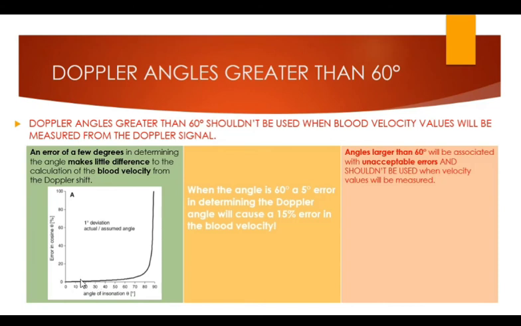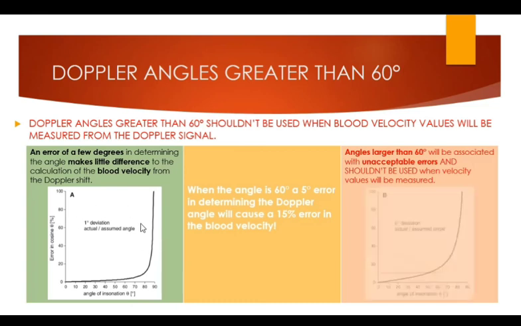The error in that angle is not too much. But once we get past 60, you can see how sharply that error margin goes up, and you need to keep that in mind. So this is a 1 degree deviation off the correct angle.